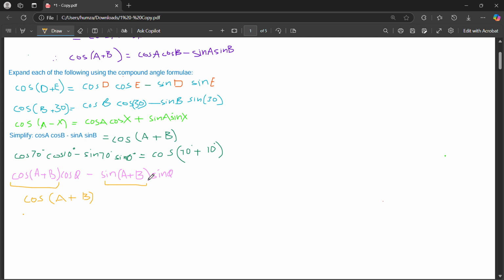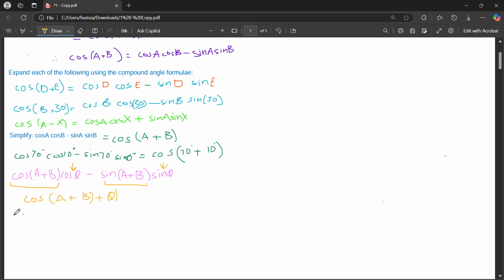Now, with cos, we have cos theta, which is similar to this, so we can say plus theta, and brackets close. This is how we can simplify the expanded notations without using the calculator.